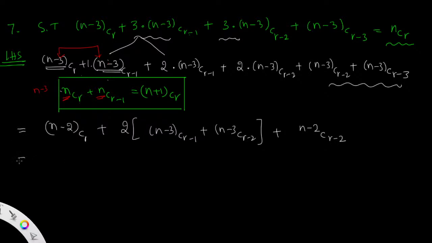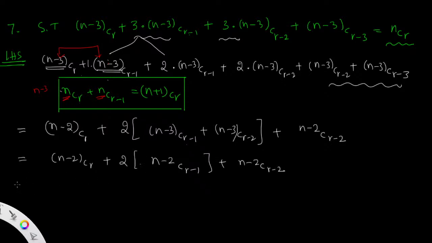So that is (n-2)Cr plus 2 times, this value in the form of the same formula nCr plus nC(r-1). Now in the middle value, (n-2)C(r-1) plus (n-2)C(r-2).